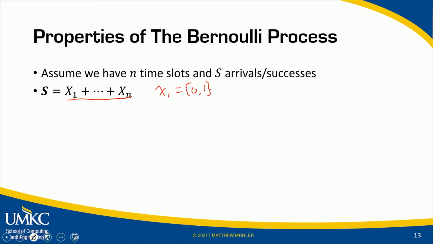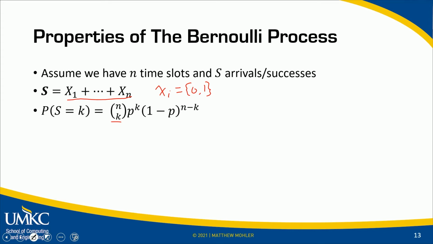The next thing that we'll look at is the probability that S, the number of successes, is equal to some specific value k. So let's say that over the course of all of my time slots, over all of my Bernoulli process, I want to know the probability that I have 3 successes in that time. This would be the probability that S is equal to 3, for instance. We can look at that as n choose k, the number of combinations that would give us k successes out of n total time slots.